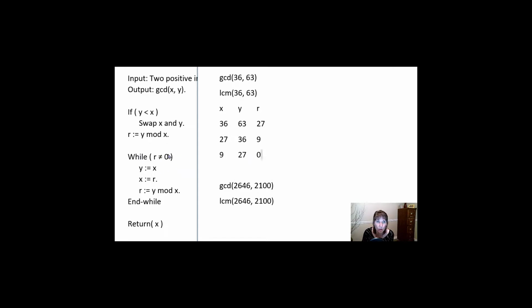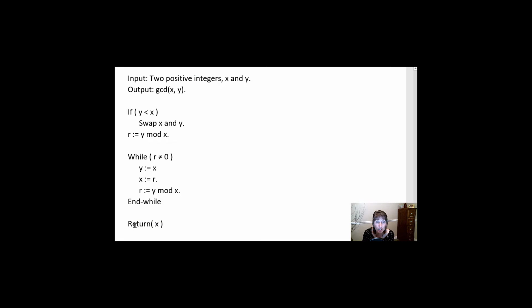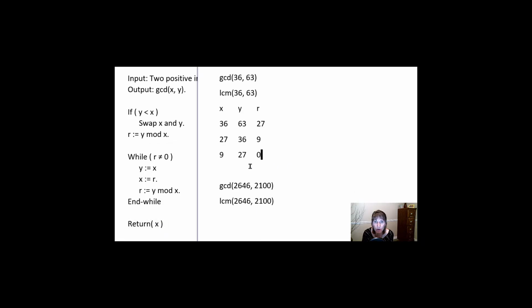So now we check the while loop. Is r not equal to 0? That's false because it is 0, so that's the end of the while. What's returned is the current value of x. So it turns out that 9 is the greatest common divisor.